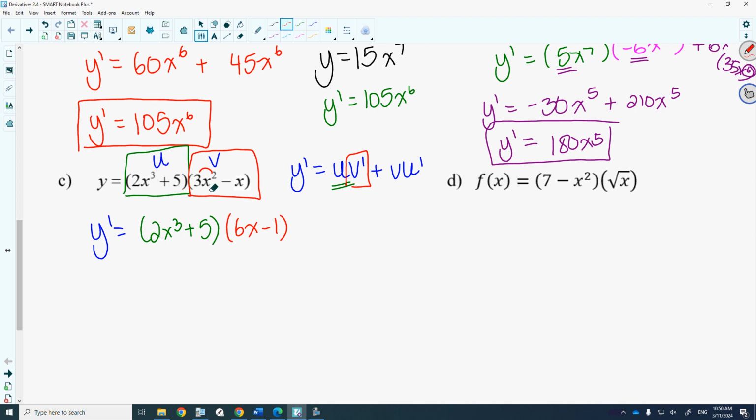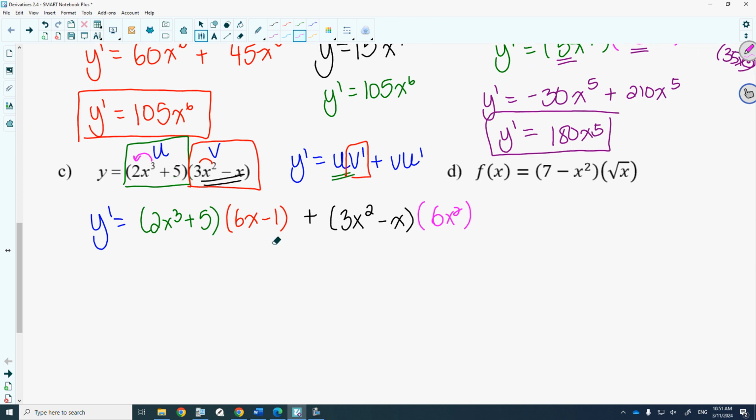So there's u v prime plus v. So v is my second function. So u v prime plus v, and then u prime. So u prime would be, the derivative of u would be 6x squared.